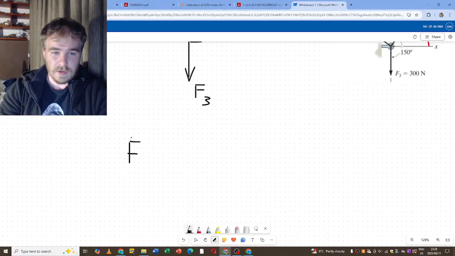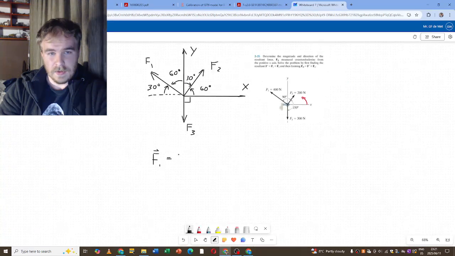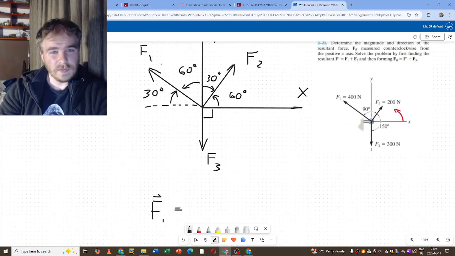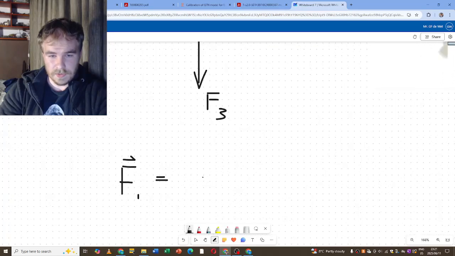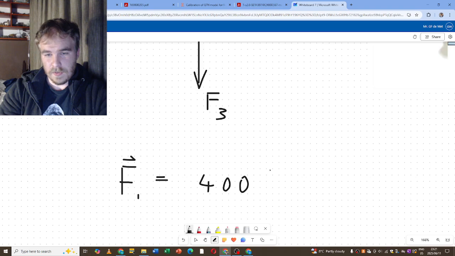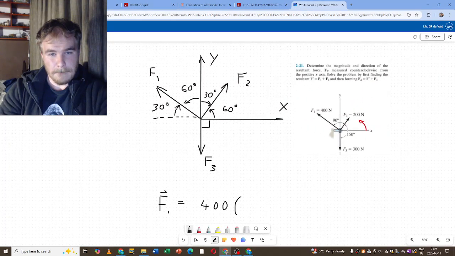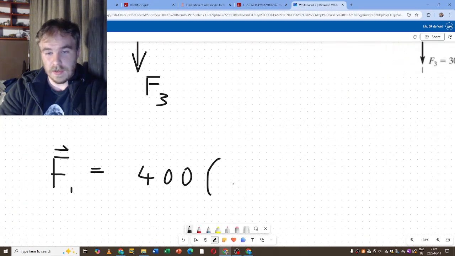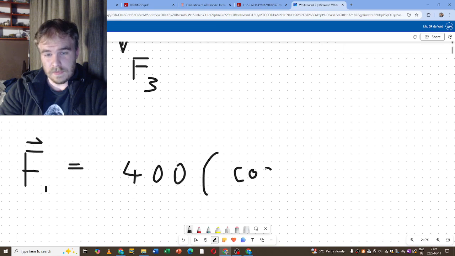So F1 has a magnitude of 400, and we are going to times that by, in the x direction it is 30 degrees removed, so that's going to be cos of 30 and that is in the I direction.